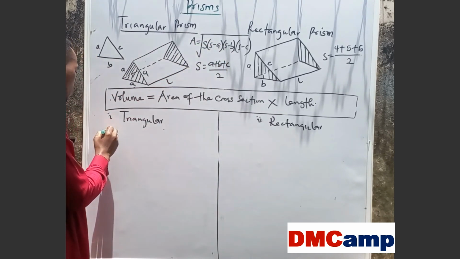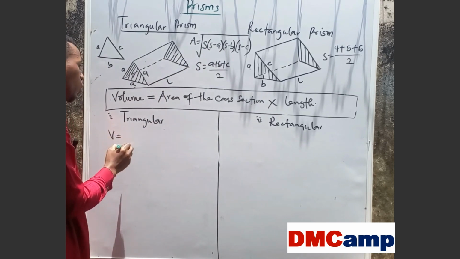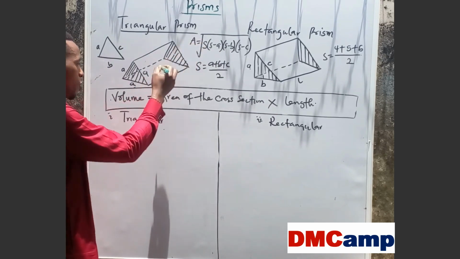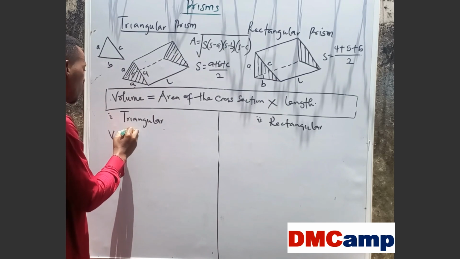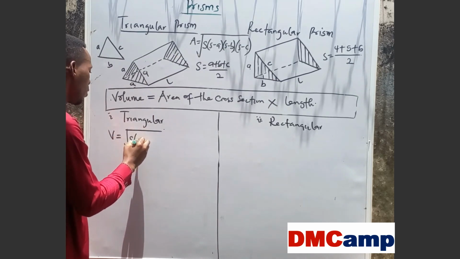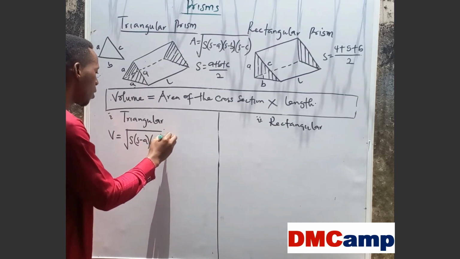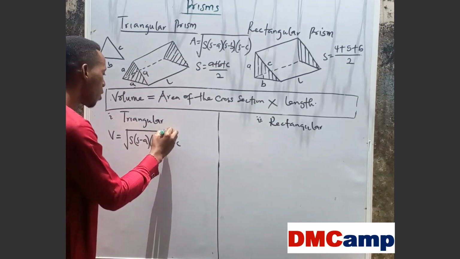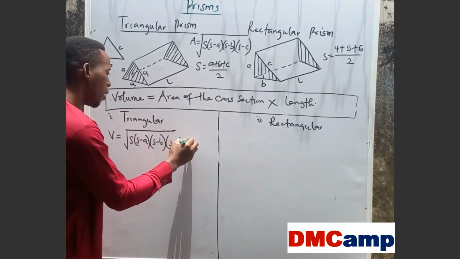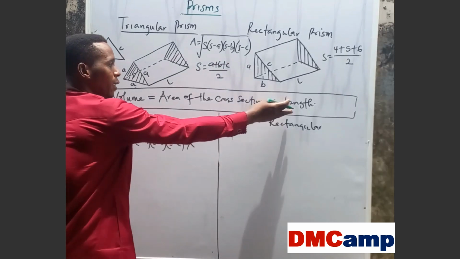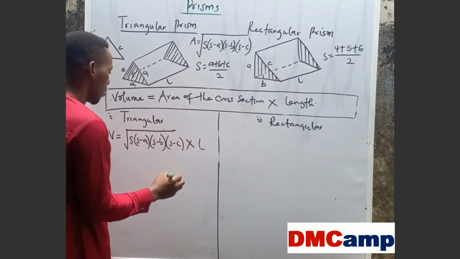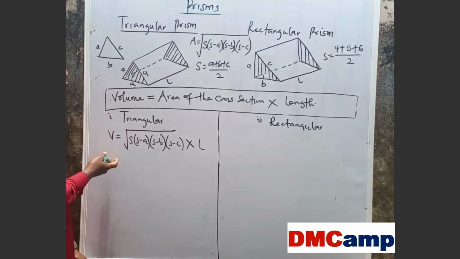So that will give us volume is equal to the area of the cross section, which is the root of S into S minus A, S minus B, S minus C, then multiply it by the what? By the length. So this will give you the volume.